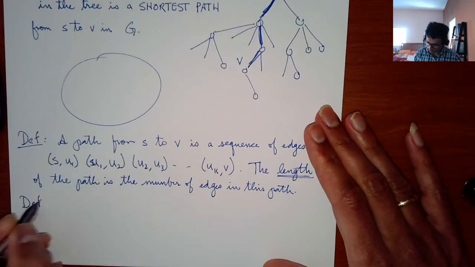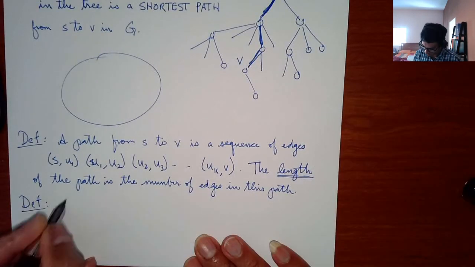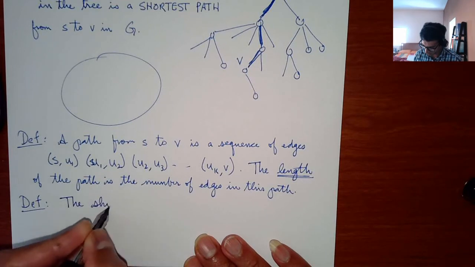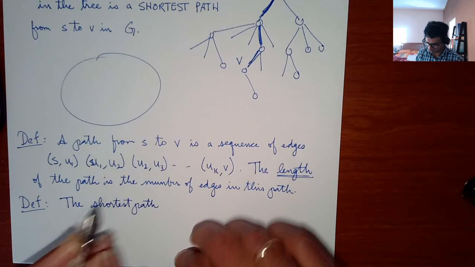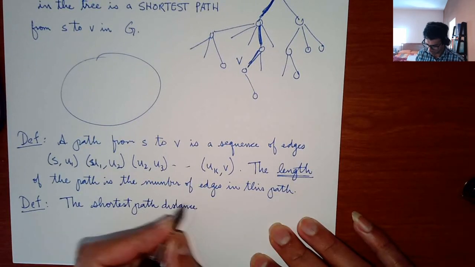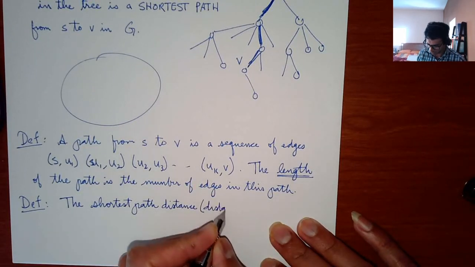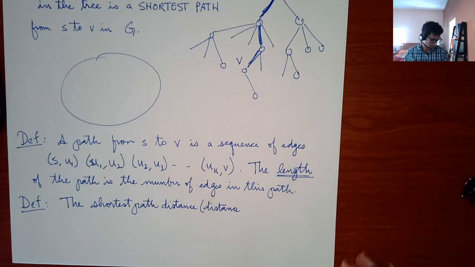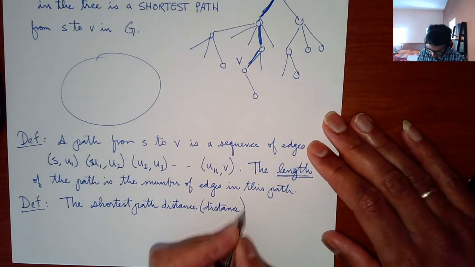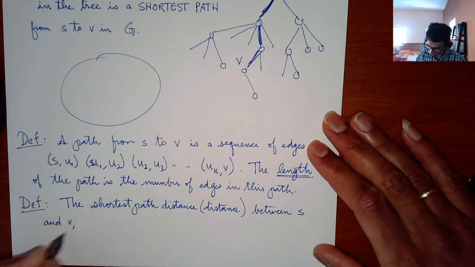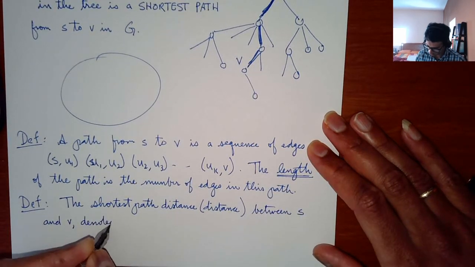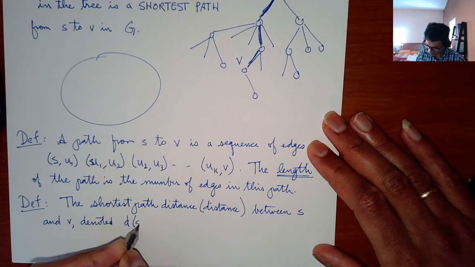Now we'll define the shortest path distance, which I will often just call distance, between S and V, and this will be denoted d(S,V).